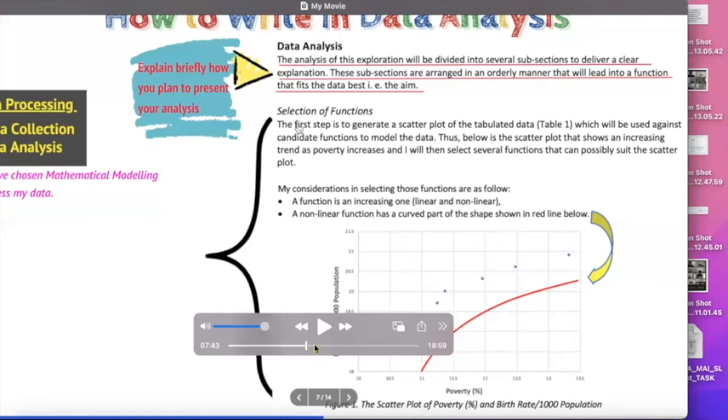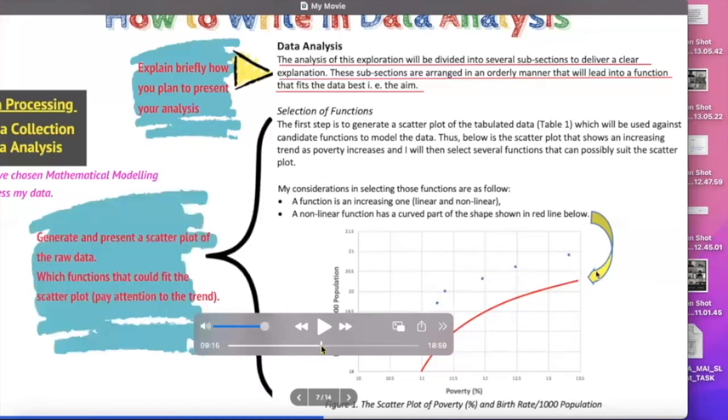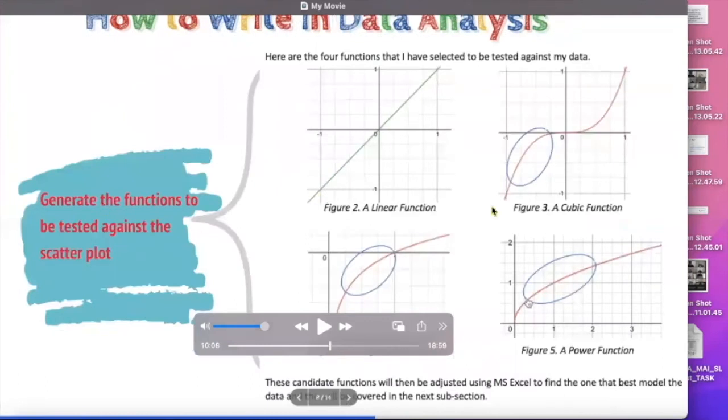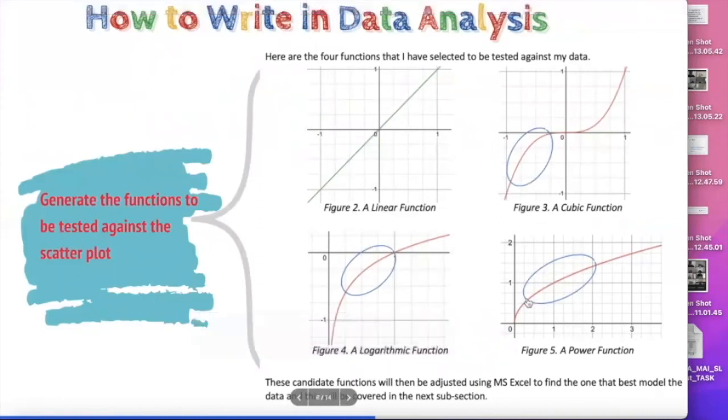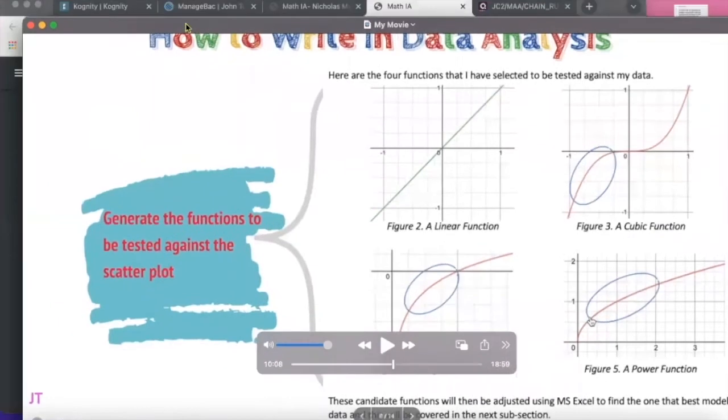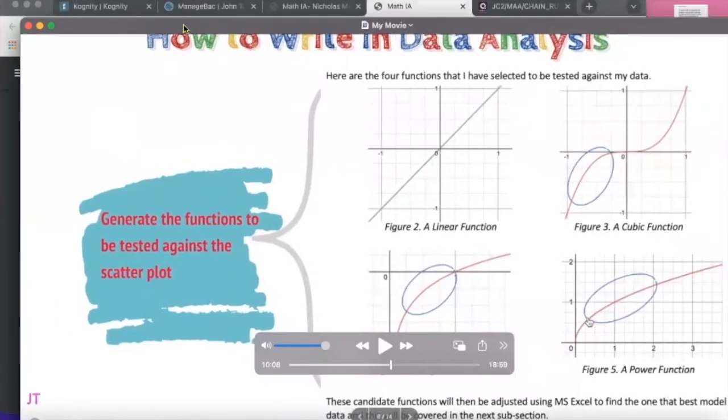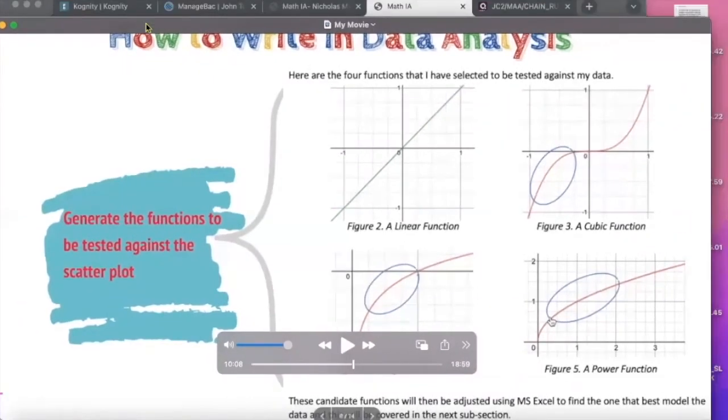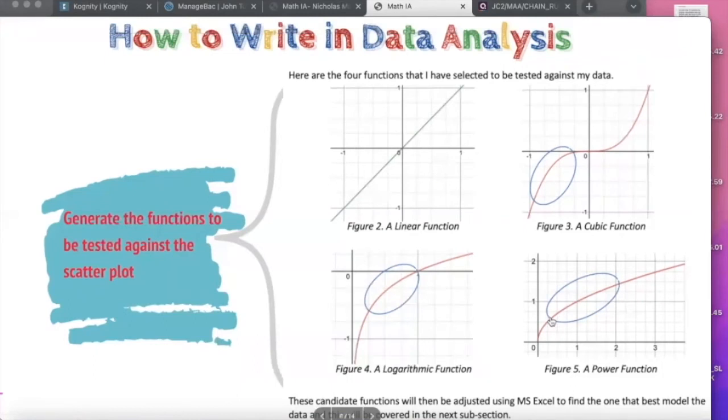So based on that, the person selects these four functions to be checked against the scatter plot. How's that so far? Is that okay? Yes. Now, can you do something similar to this? Yes. So the reason can be based on the shape or on the nature of the variables as well.